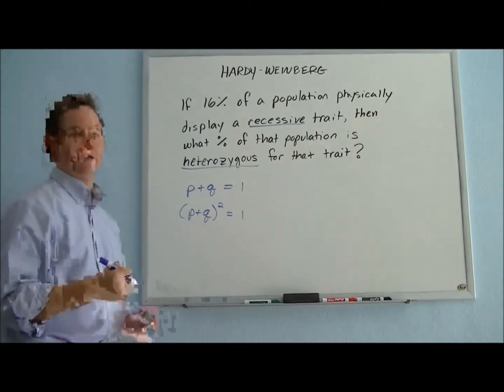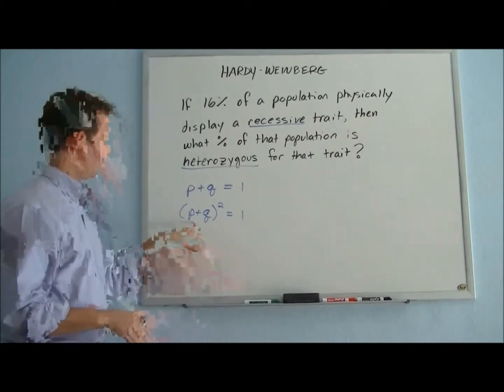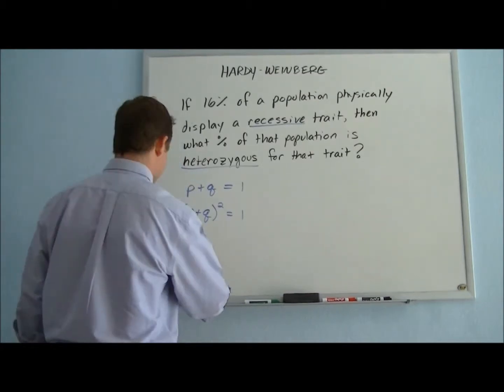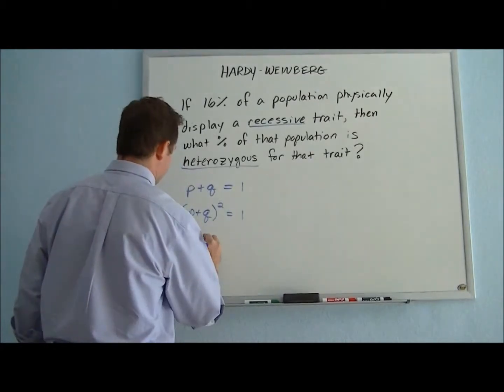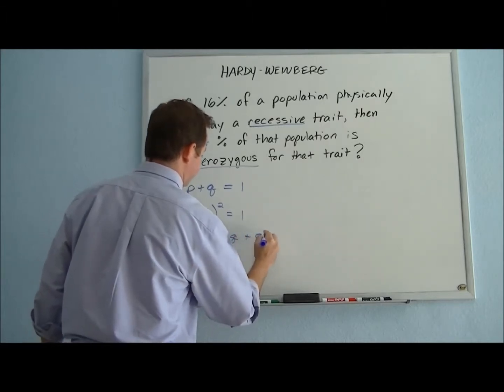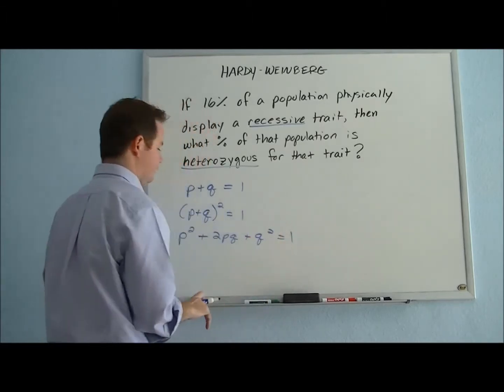If we think back on some of our older math, when we see something like this, it means we have to FOIL. If we FOILed this expression and wrote it out, we would come up with P squared plus 2PQ plus Q squared equals 1.